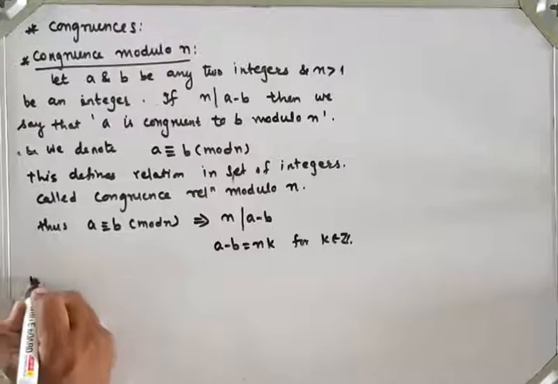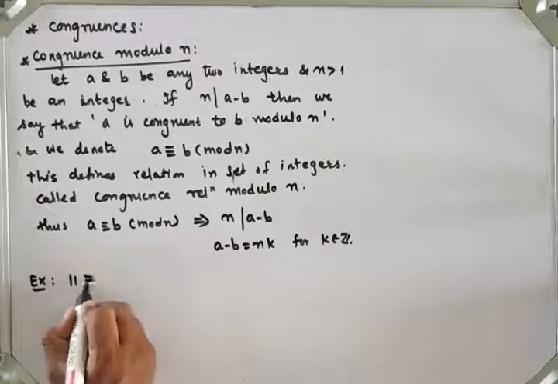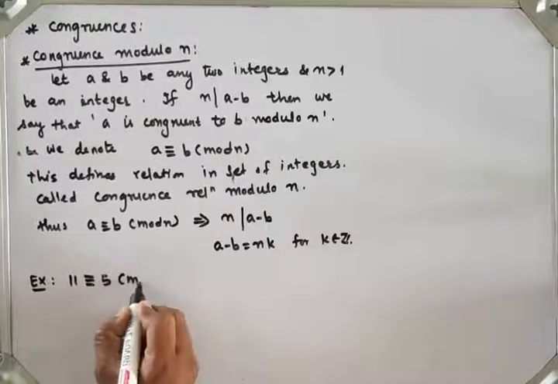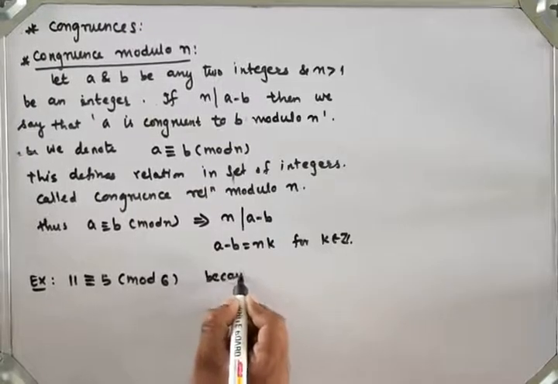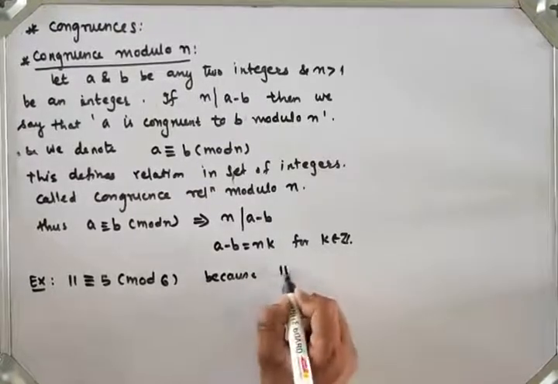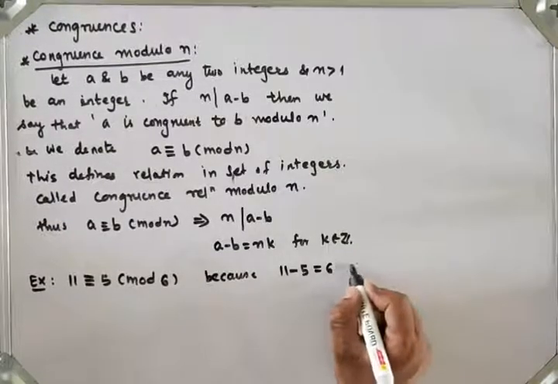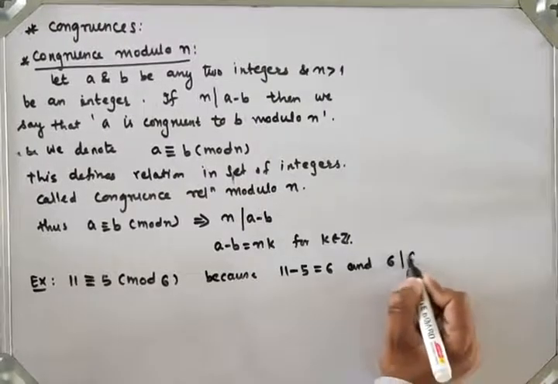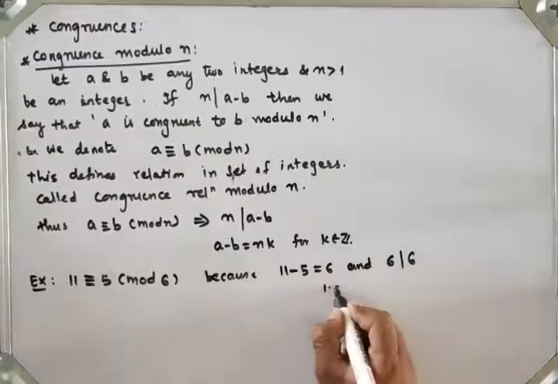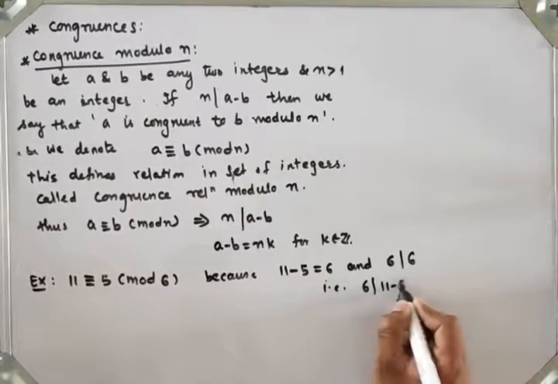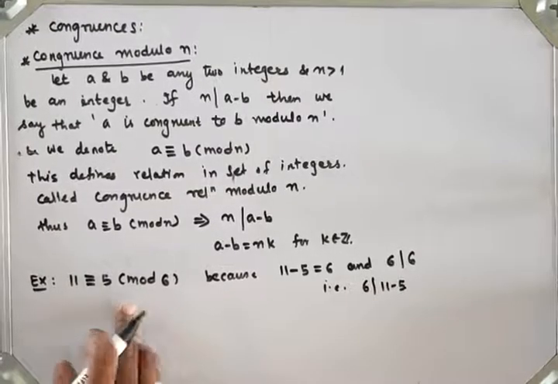For example, 11 is congruent to 5 modulo 6, because the difference of these two, 11 minus 5, is 6, and 6 divides 6. So 6 divides 11 minus 5, therefore this is a congruence.